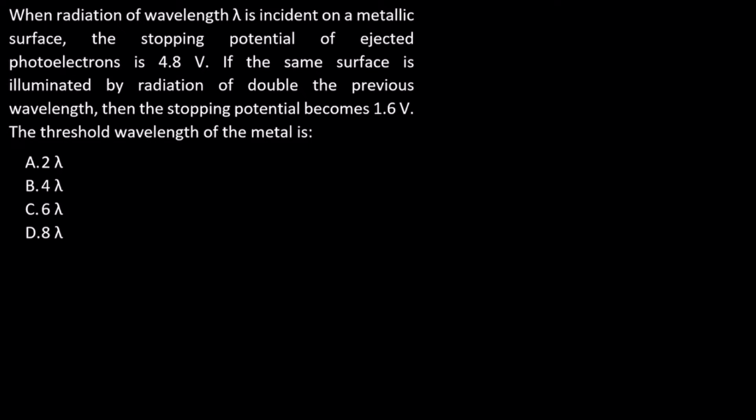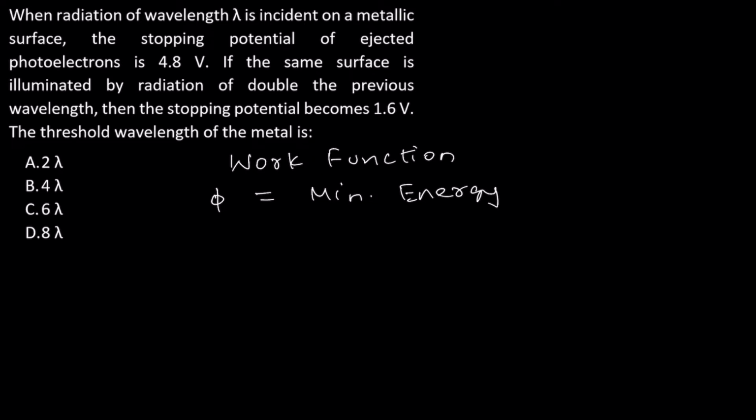We all know that each metal has something known as a work function associated with it. Now, what is this work function? Work function is the minimum energy of the photon that is capable of ejecting an electron out of the metal. So this is the minimum energy required. With this energy, the electron just comes out of the metal surface.